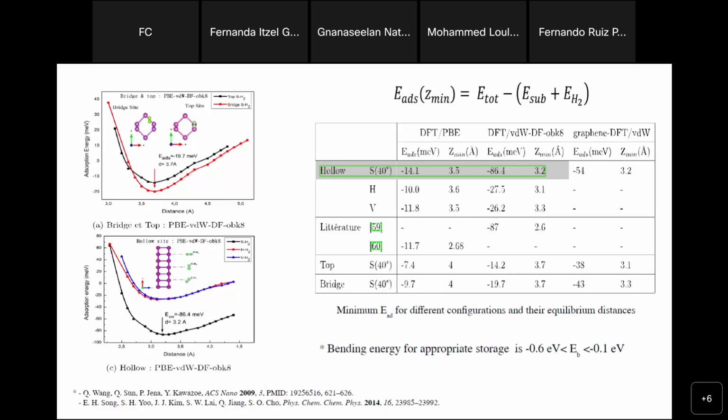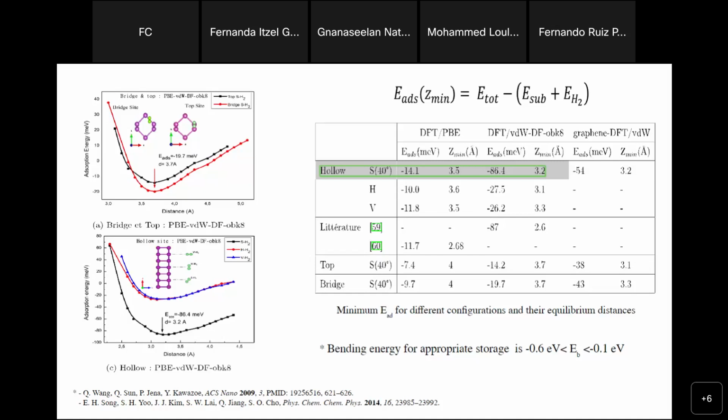And the most stable configuration is the hollow configuration with sloping orientation, since we have the lowest binding energy. But unfortunately, such binding energy doesn't meet the required value of storage, which is located in this interval.